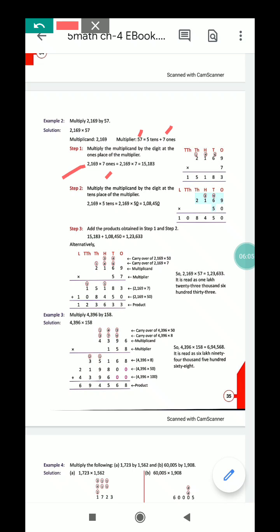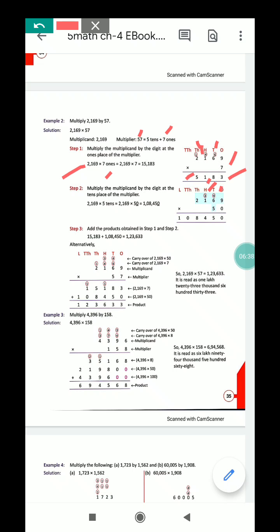Simply multiply this number, so we will get this number. 7 nines are 63, 3 carry 6, 7 sixes are 42, plus 6 is 48, here we will write 8 and carry 4, 7 ones are 7, 7 plus 4 is 11, we write 1 and carry 1, 7 twos are 14, 14 plus 1 is 15.